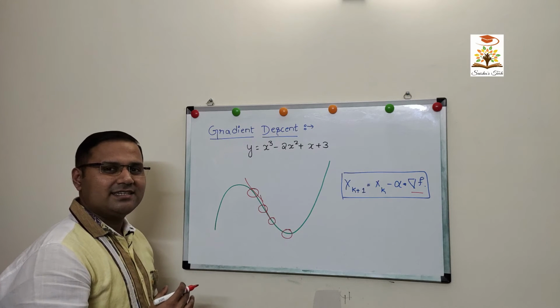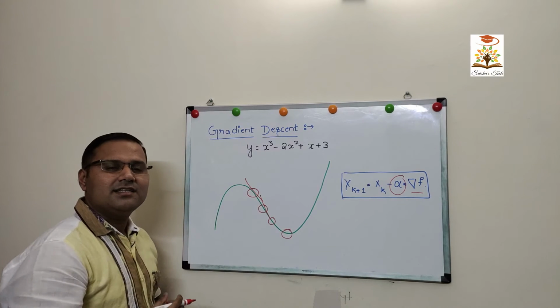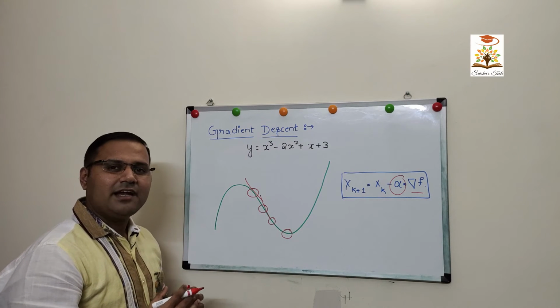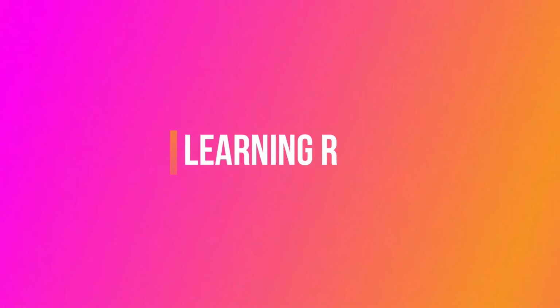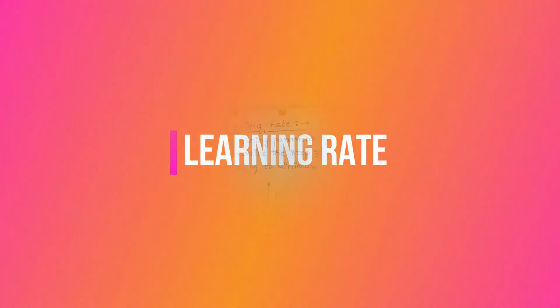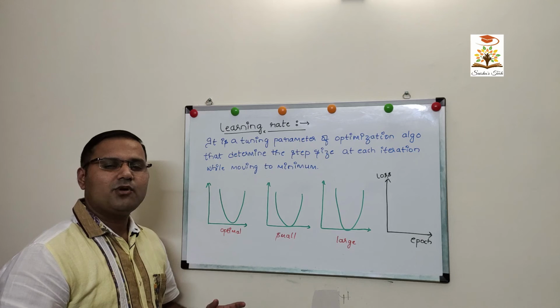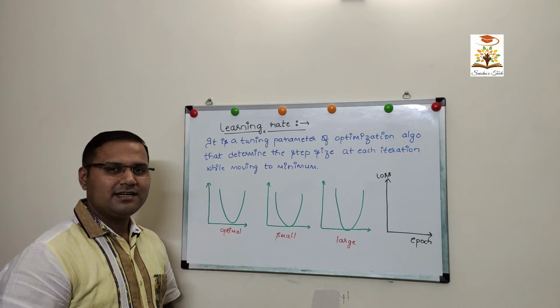Now, let us understand what is alpha, which is the learning rate, and the importance of learning rate. Learning rate is an important factor of the gradient descent algorithm. Now, what is learning rate?